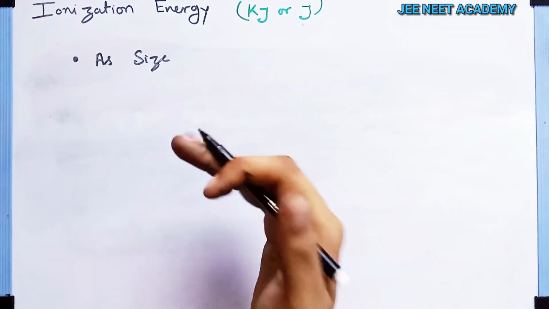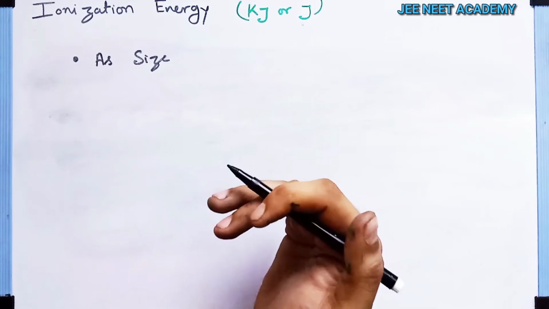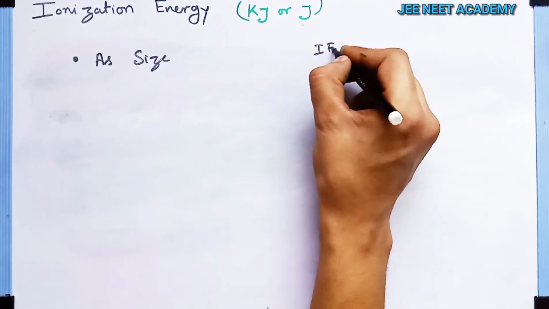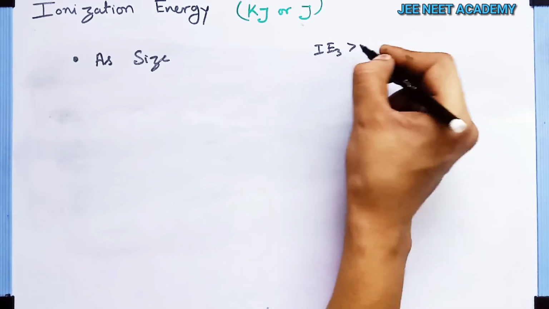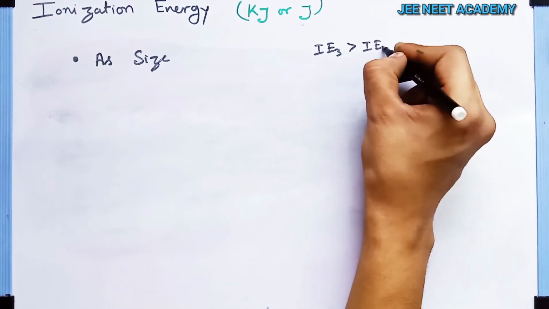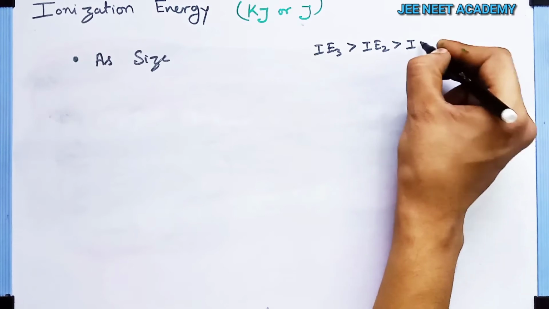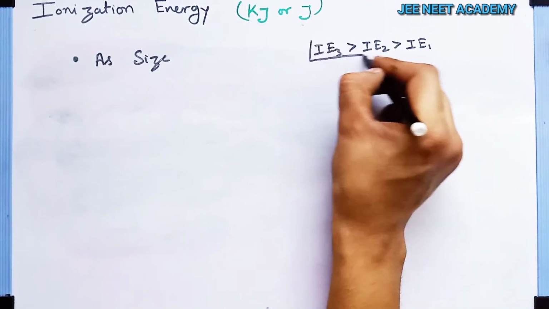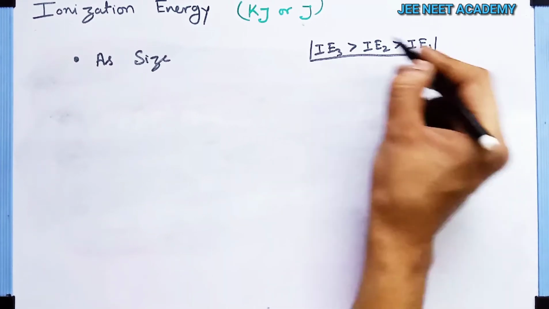As the size is decreasing, IE3 was highest, then IE2, then IE1. This was the order of successive ionization energies.